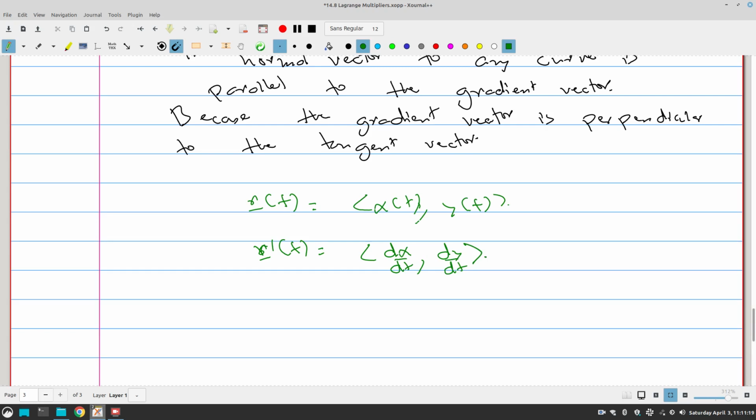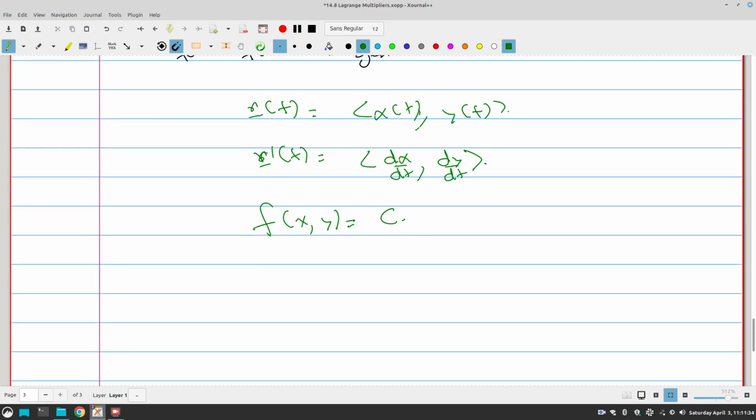Now, if the curve is given by f of x, y is equal to some constant, and x is some function of t and y is some other function of t, then of course df over dt is 0.